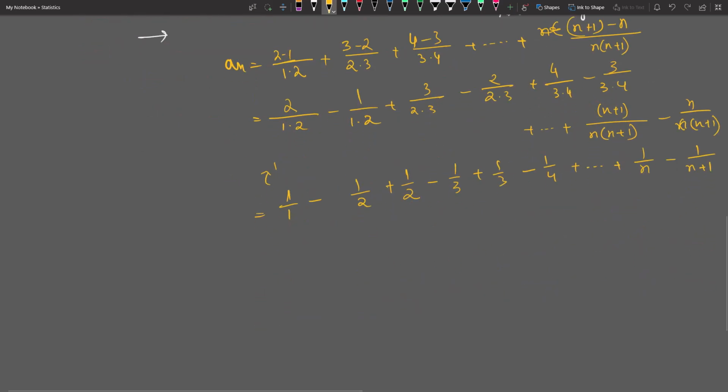See these minus and plus, these all are going to nullify. This one will be nullified by the second term, and this term will be nullified by its previous term. So what will remain? 1 minus 1 by n plus 1. This is nothing but 1 minus 1 over n plus 1, that is n by n plus 1.